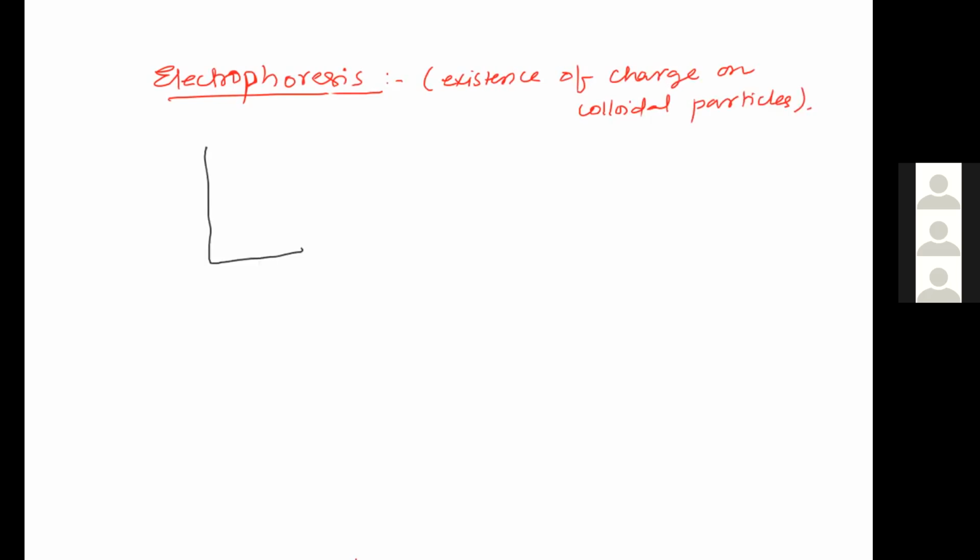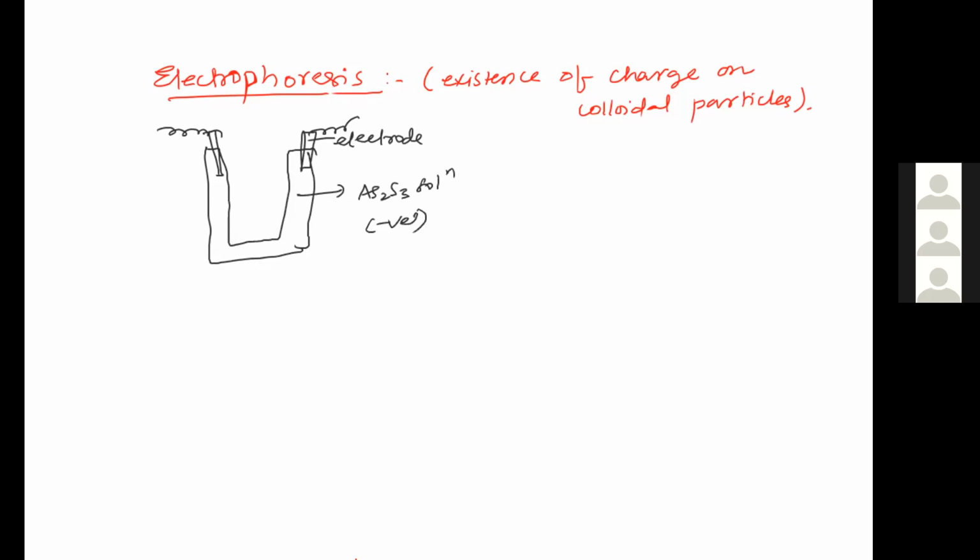When you have two platinum rods like this, and this is the As2S3 solution, which is negatively charged, then when electric potential is applied, the colloidal particles move towards one electrode.